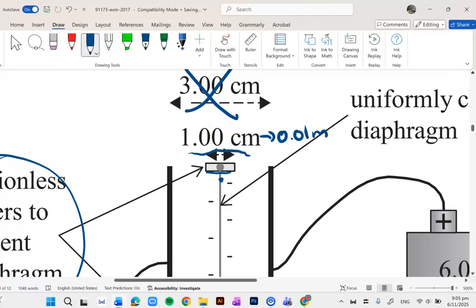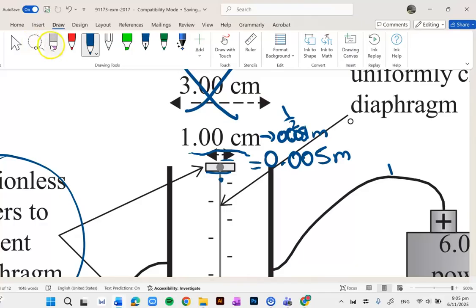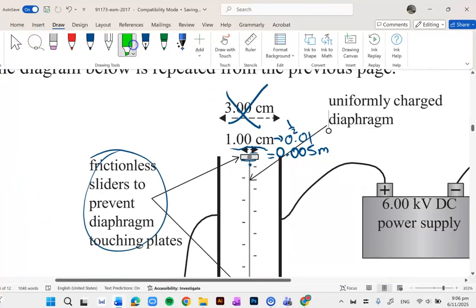So if we want to find the distance, it's going to be half of this. Sorry, that's actually really messy, I'm going to write that better. So half of 0.01. Okay, so now we have the correct distance value, which is this here.